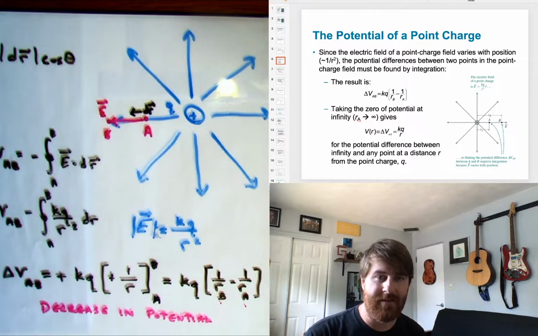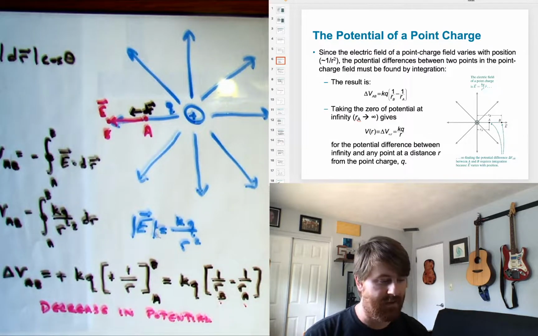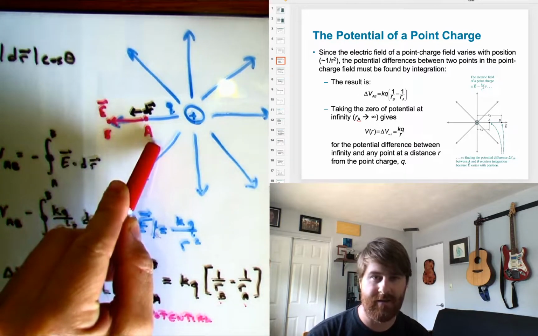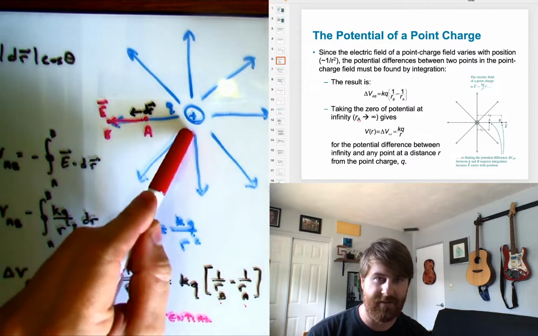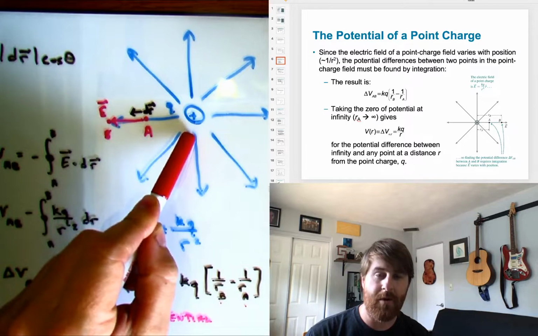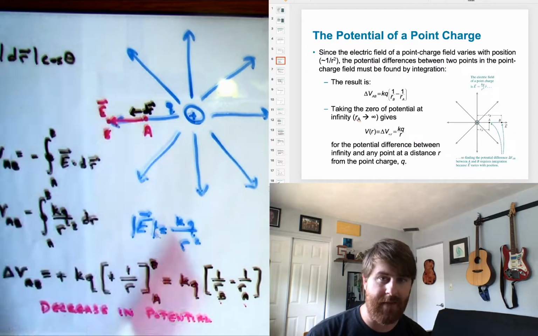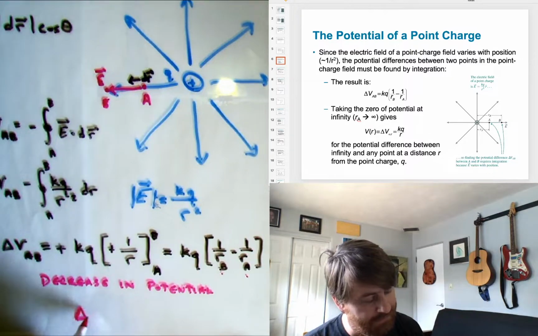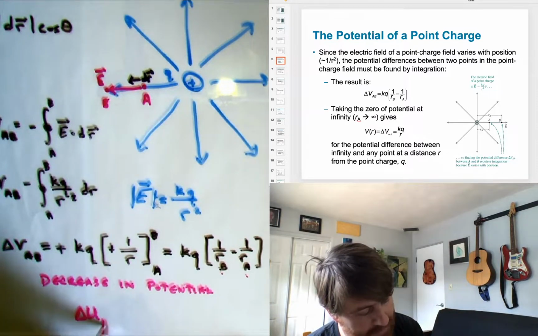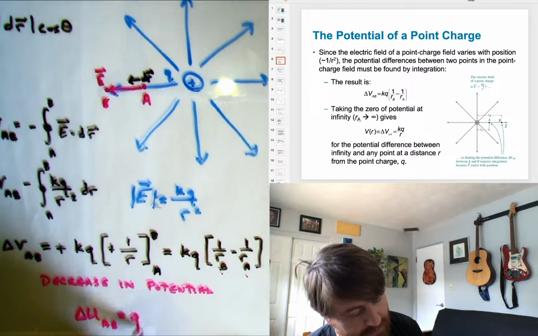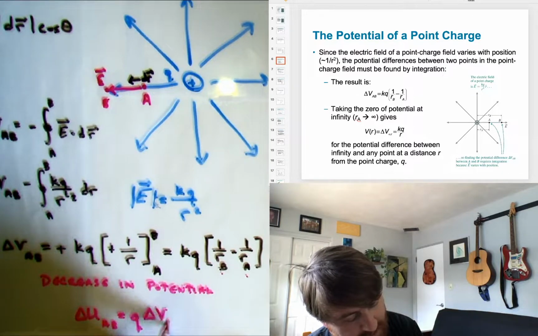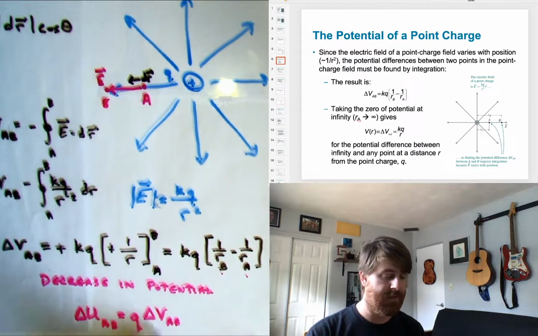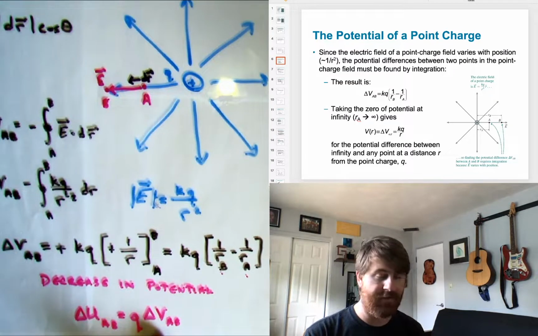But even though the potential would increase going from B to A, regardless of what's going on, as long as this is a positive 1 coulomb charge, if I wanted to find the potential energy in moving from B to A for a negative charge, then I would have delta U_AB is q times delta V_AB.